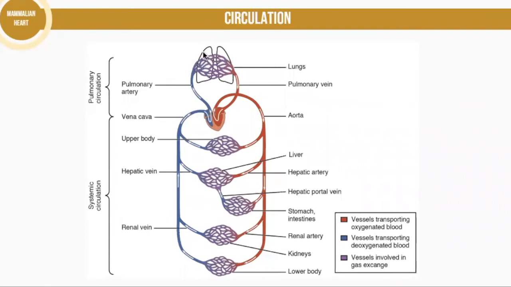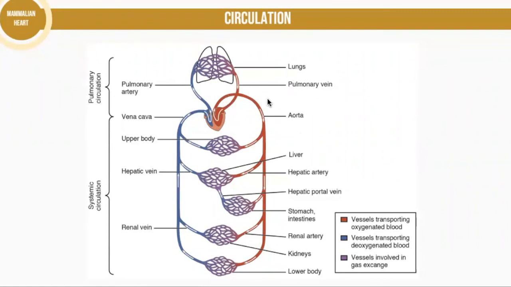In the lungs the blood will be oxygenated, and then it will go back to the heart by the pulmonary vein. This oxygenated blood will enter the left atrium, then the left ventricle, and then be pumped into the systemic circulation via the aorta.